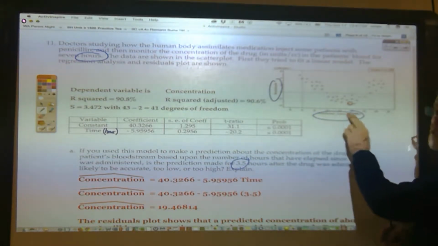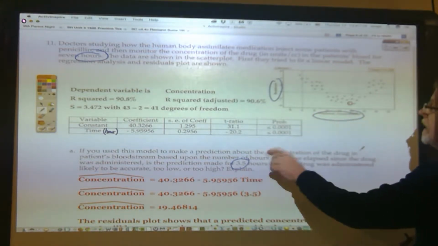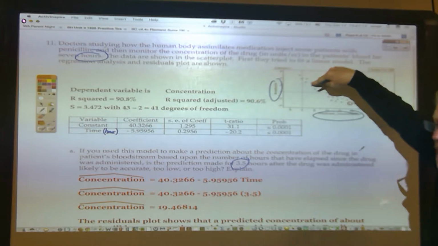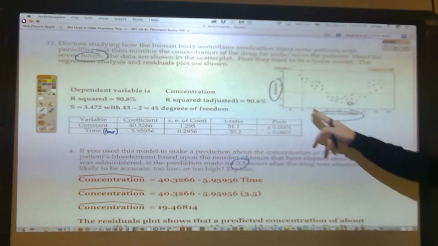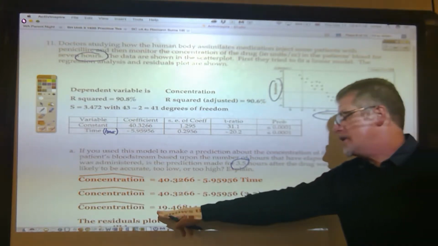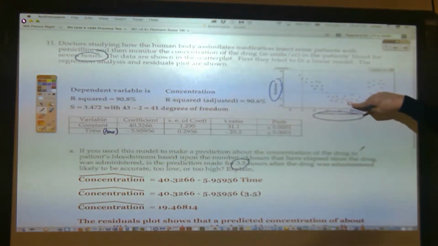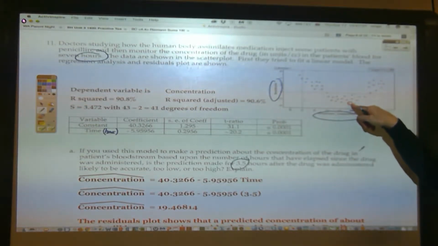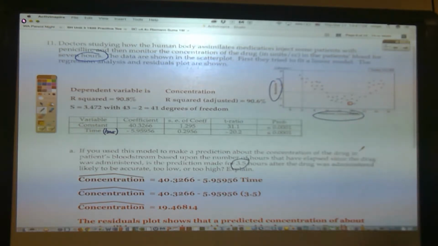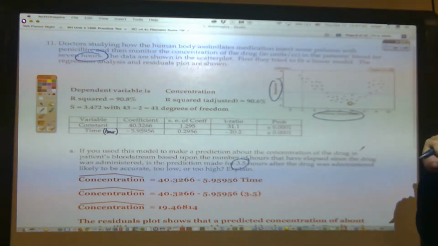Ignoring the fact that this is not the time axis, this is the predicted concentration axis, because 3.5 would have a positive residual. So that would lead to a different answer if you have to go until you get to the predicted concentration, which is 19.46. Well, 19.46 is right about here where you get a negative residual. This whole problem hinges on whether the residual is positive or negative. So watch out for reading the labels on the residual plot axes.